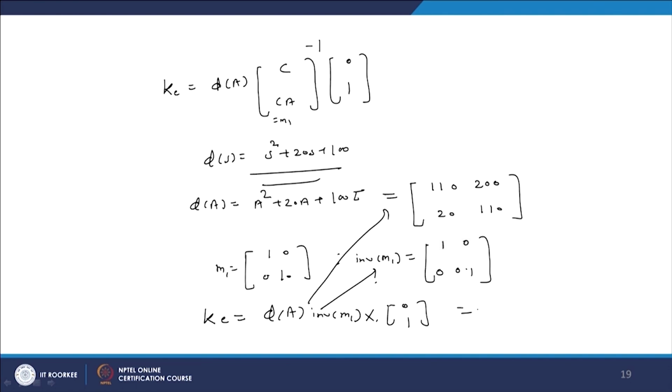You will get the matrix Ke as [20 11]. So because of this matrix Ke, or we can say because of this full order observer, we are in a position to estimate the state of the system.